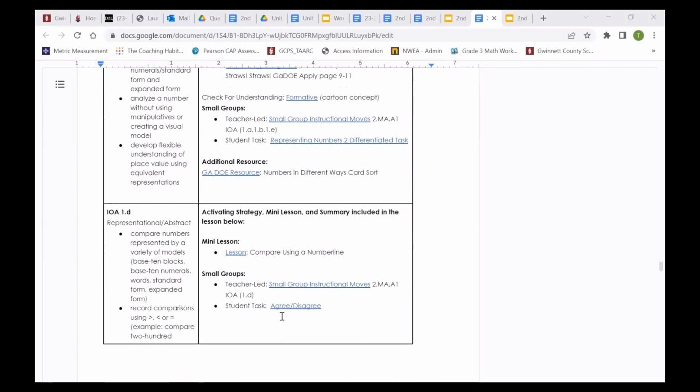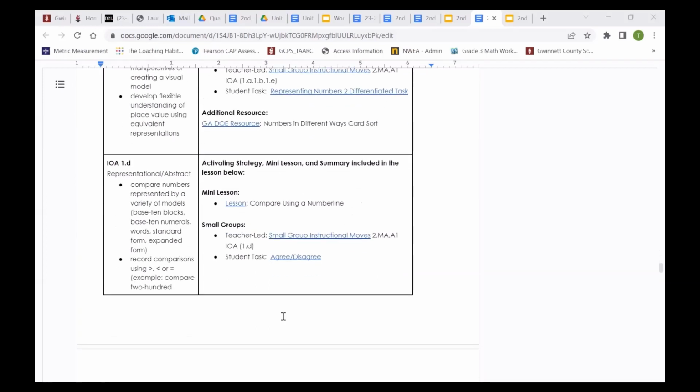Immediately following place value, students will apply their knowledge of hundreds, tens, and ones while they compare and order numbers up to 1,000 through IOA 1D. In Unit 1, students compared numbers but did not order them. In Unit 4, students will compare as well as order numbers.